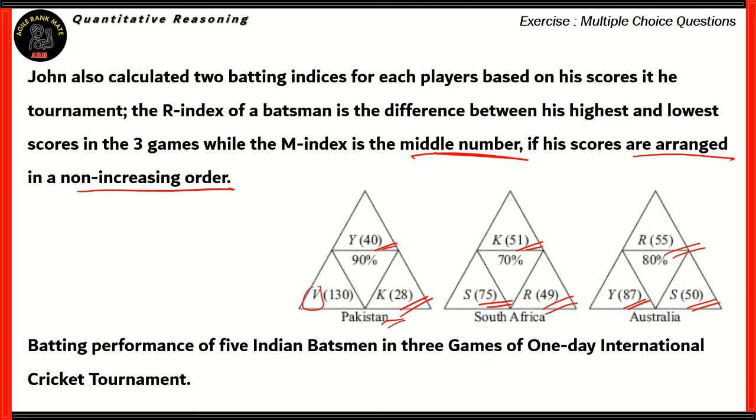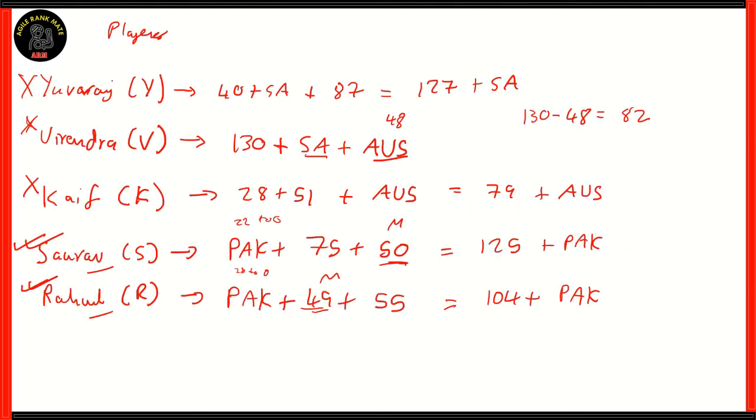So it's quite possible that Saurav could have scored all of it. If we take that possibility, then 75 minus 22 would give us 53. So as you can see, Virendra's lowest R index and Saurav's lowest R index are quite high, 82 and 53 respectively.